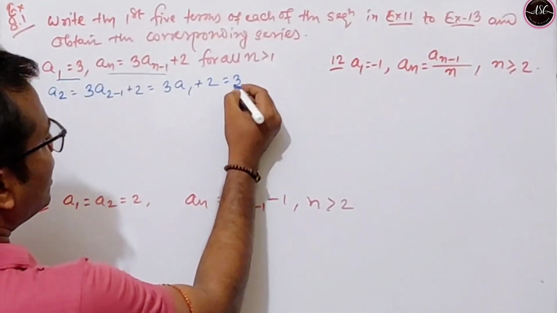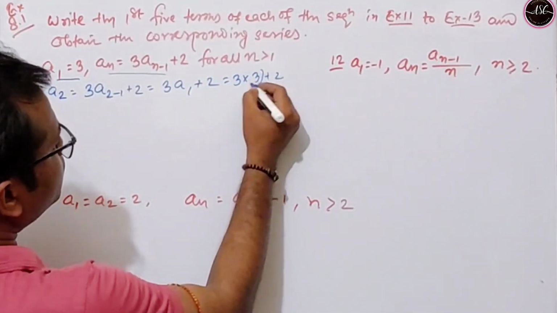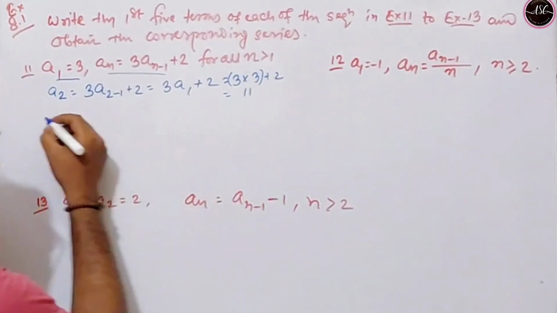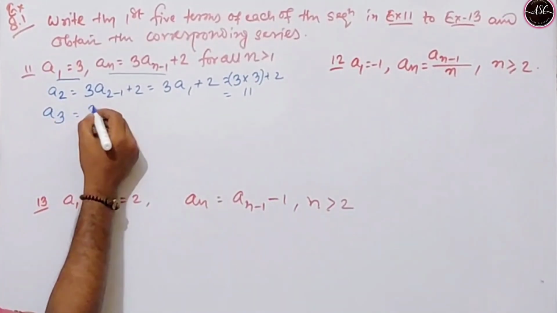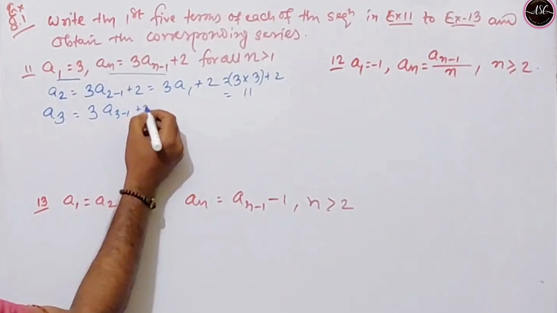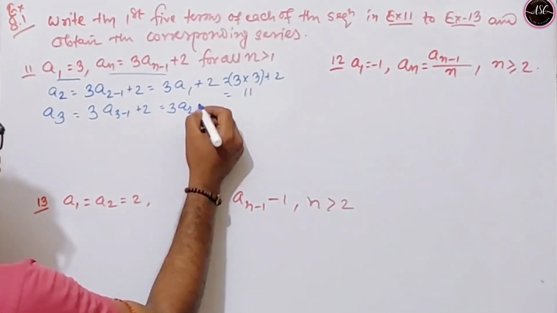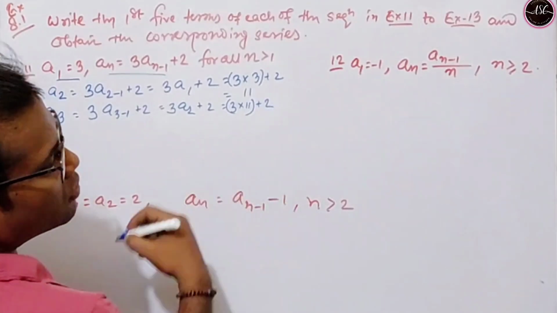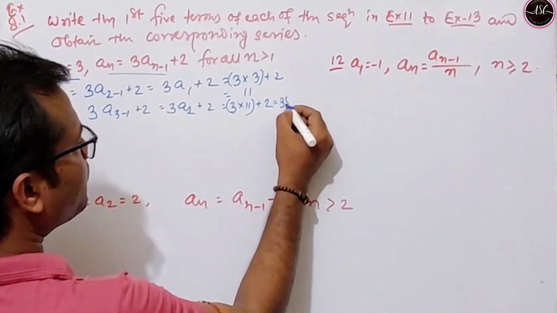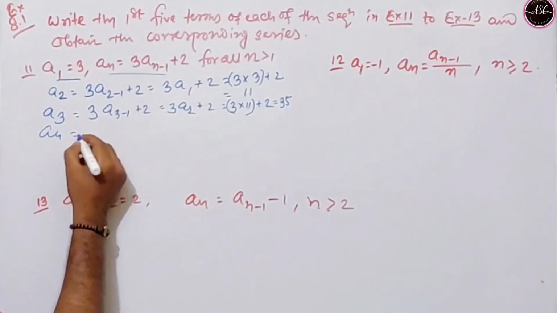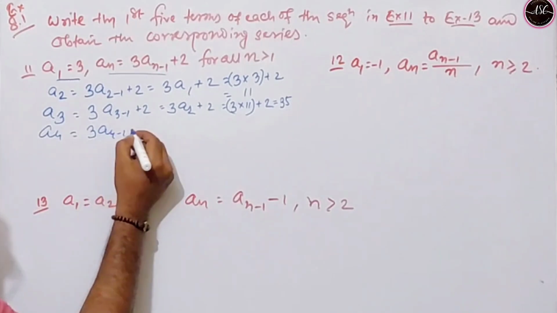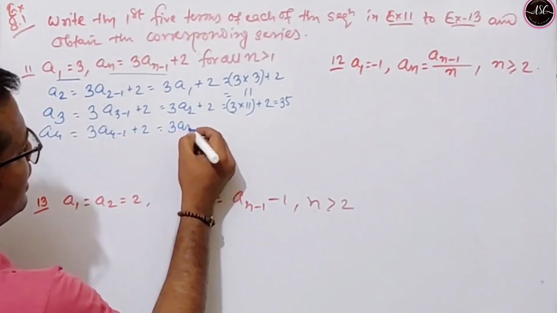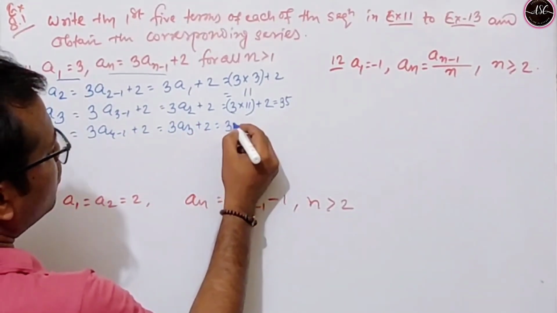So 3 into 3 plus 2, that means 11. A3 equal to 3 into a3 minus 1 plus 2, that means 3 into a2 plus 2, that means 3 into 11 plus 2, that means 35. A4 equal to 3 into a4 minus 1 plus 2, that means 3 into a3 plus 2, that means 3 into 35 plus 2.